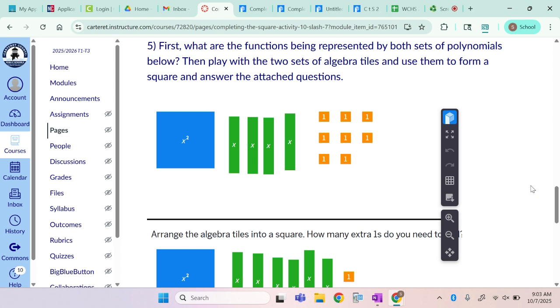So not one person should be doing all the work. If one person does all the work, that person's going to only get the credit. So everyone needs to contribute. Now, if you want to have a whiteboard and a marker or a scrap sheet of paper so you can work stuff out, that's fine, just as long as your final work gets transferred to the paper.